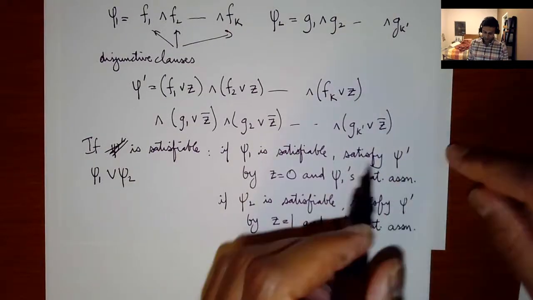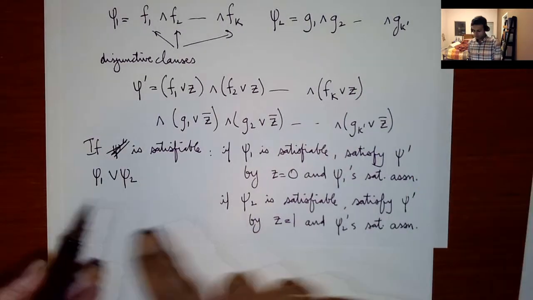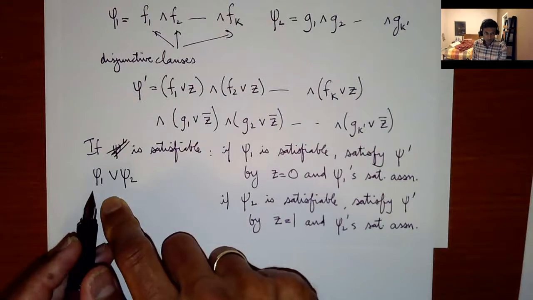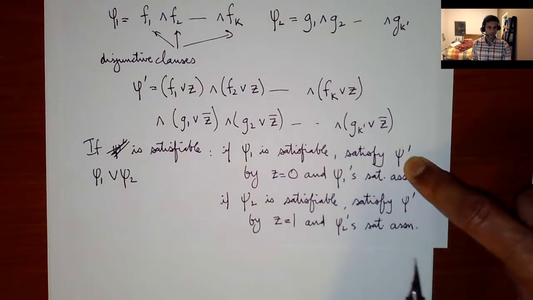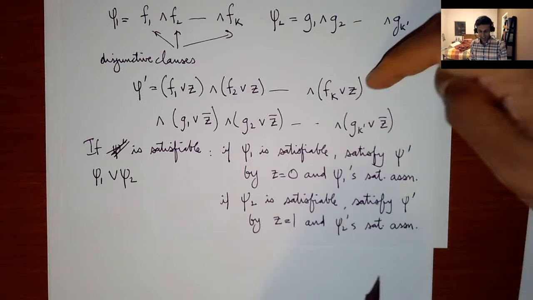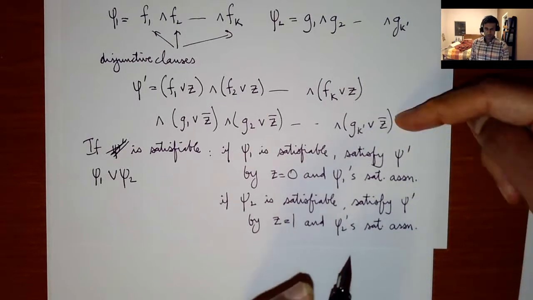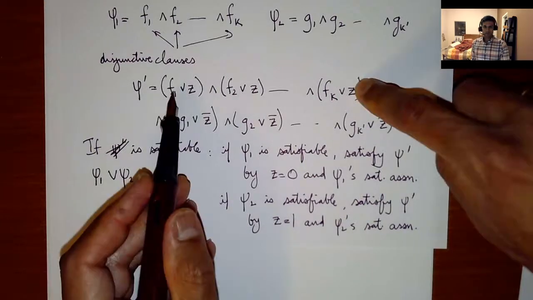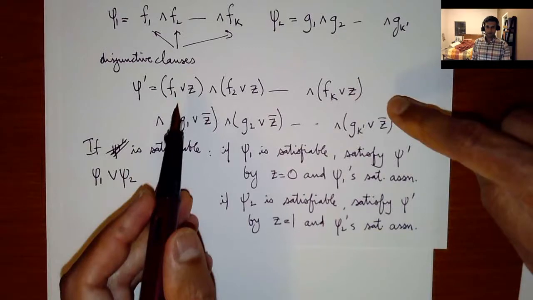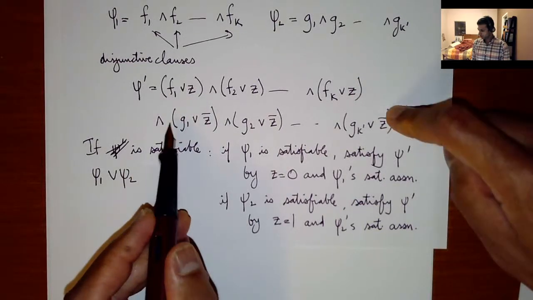Now I need to show that if C prime is satisfiable, then C1 or C2 is satisfiable. And that you should see is easy, because if C prime is satisfiable, then Z is either set to 1 or it's set to 0. So if it is set to 0, then all of this must be satisfiable. If it's set to 1, then all of this must be satisfiable. Okay, I'm just going to write that out and then I'll explain it again.